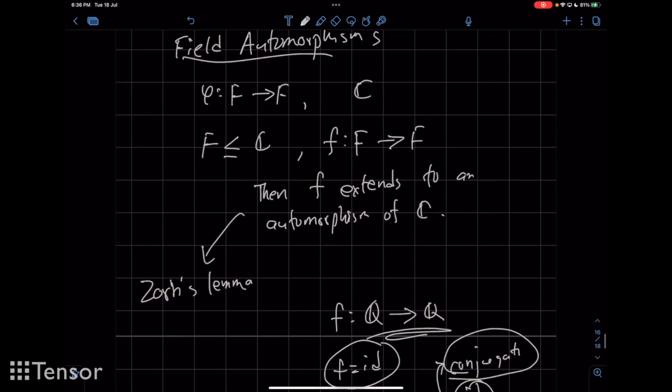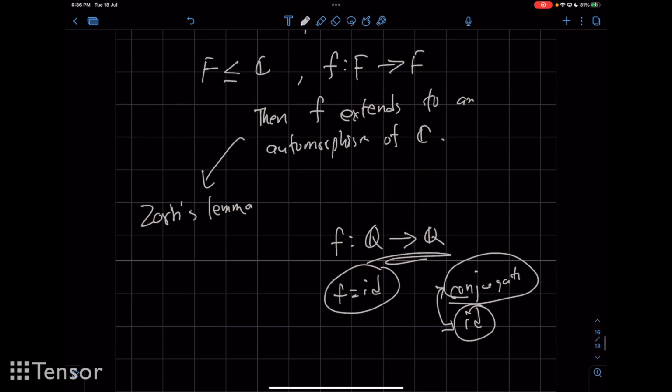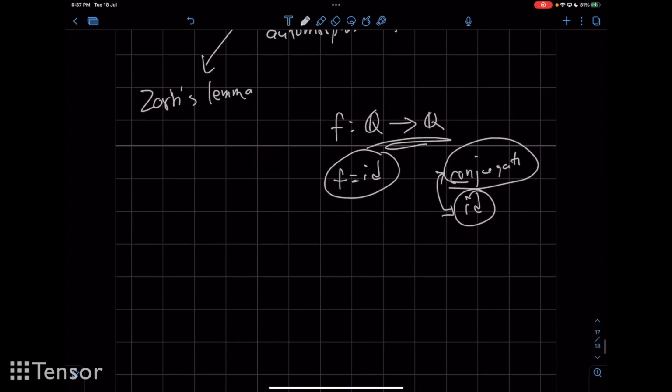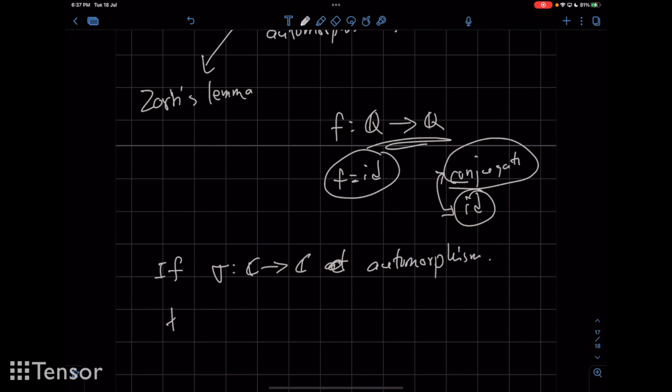Okay. And as we said, the only automorphism of Q is the identity. And we have another very interesting fact. That fact is, if, let's say, sigma is an automorphism of C, then sigma of a rational number is always a rational number.